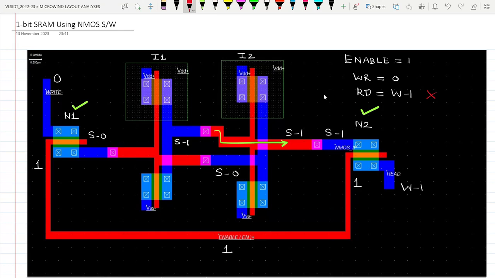Let us now analyze for write equal to 1. Erasing all previous values. Write line is connected to logic 1.